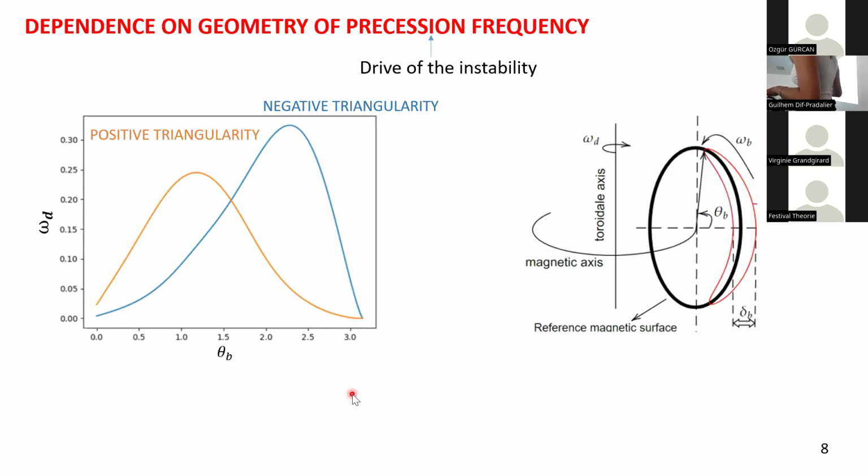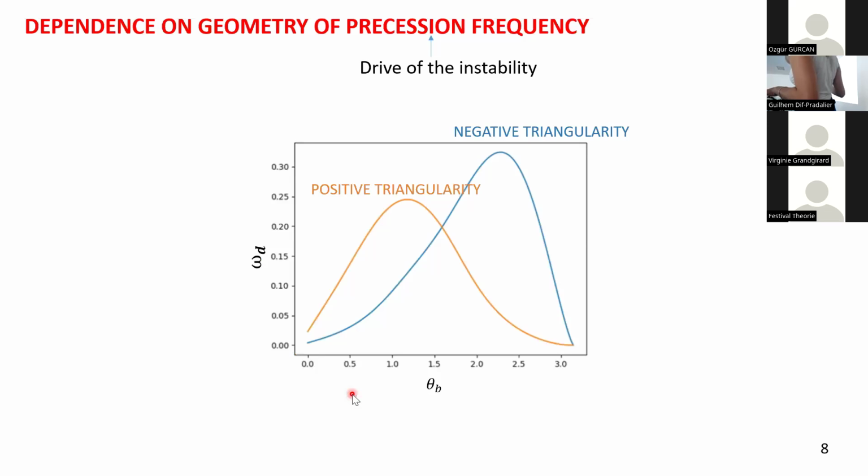If we plot omega d as a function of theta b, where theta b is the bouncing angle of the particle, which is the maximum angle that the particle draws in its banana trajectory, we see that it has different shapes for positive and for negative triangularity, different shapes as a function of theta b.